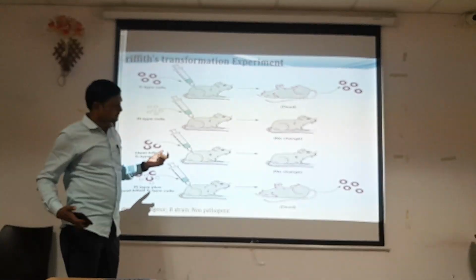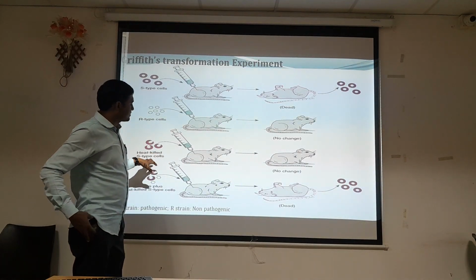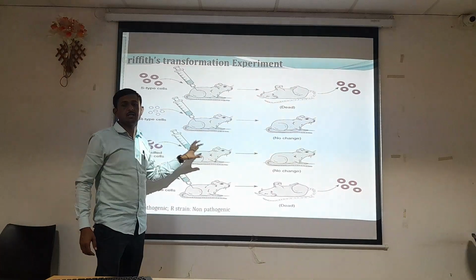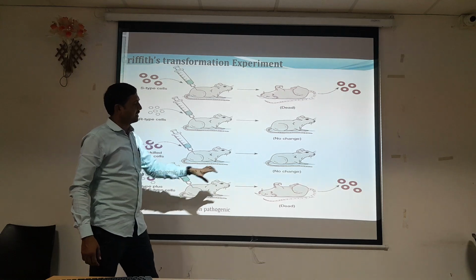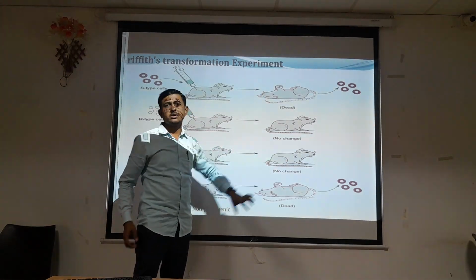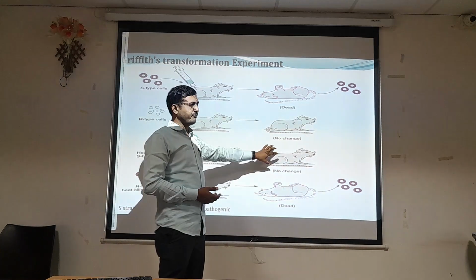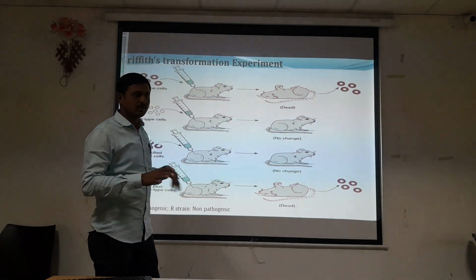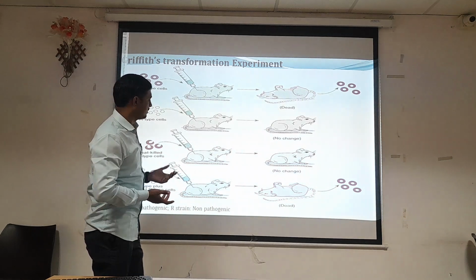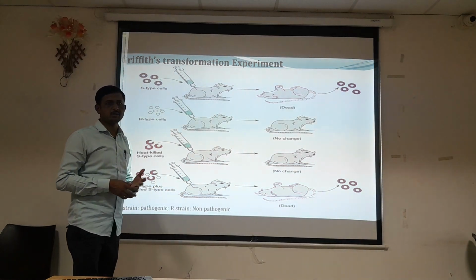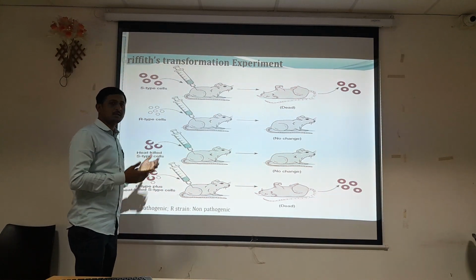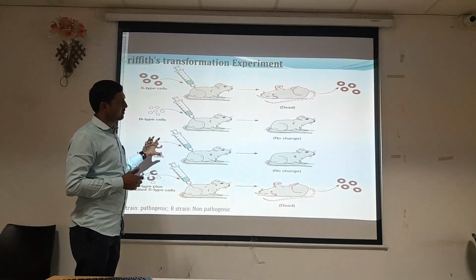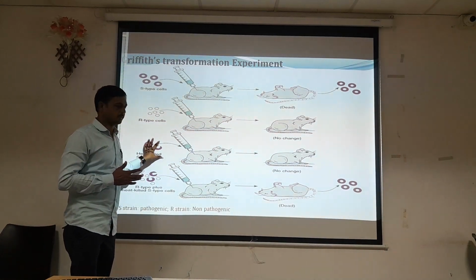When he injected the heat-killed S type of cells into another healthy mice, he found that it did not show any ill effect as in the first mice, and the mice was surviving normally. So he found that after the heat treatment, some factors are killed due to the heat treatment. That's why the mice is surviving.